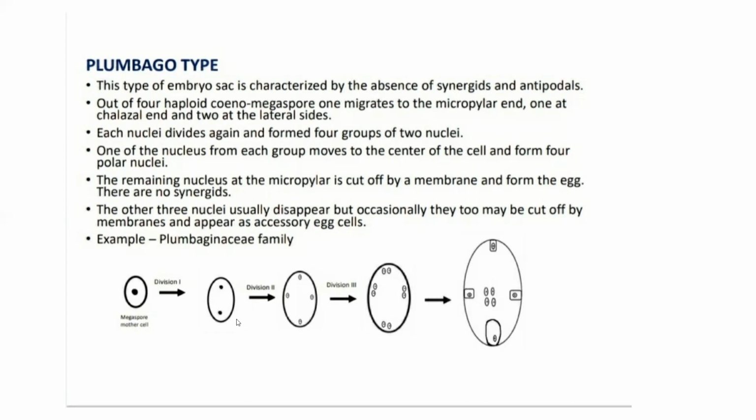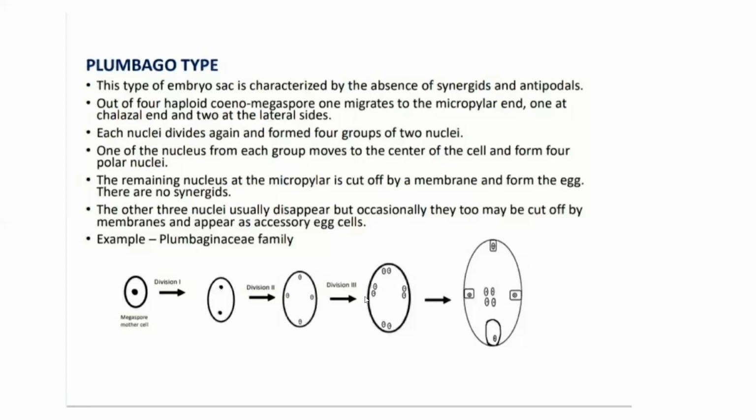The 4 nuclei get arranged at the 4 sides of the embryo sac: 1 micropylar, 1 chalazal, and 2 at the opposite sides. This happens after the formation of a vacuole in the center part, and the 4 nuclei move to the 4 sides of the embryo sac.